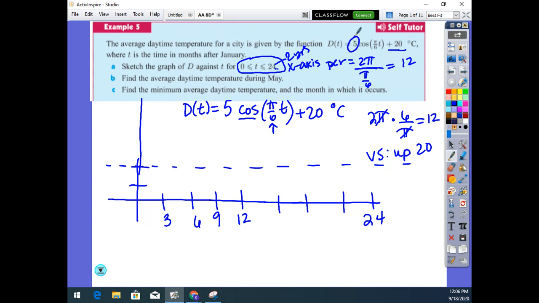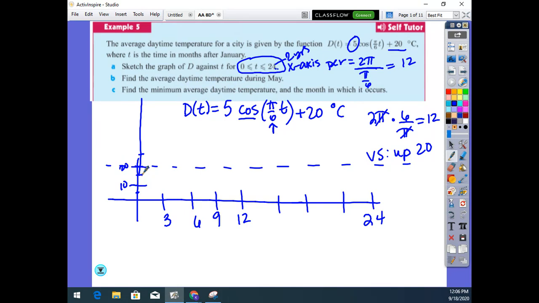Amplitude is 5. So notice if this is 10, it's important to label your axes. So from this amount here, I'm going to go up 5 and down 5 from my 20. And that incorporates everything because we've already got our period, our amplitude, and our vertical shift.